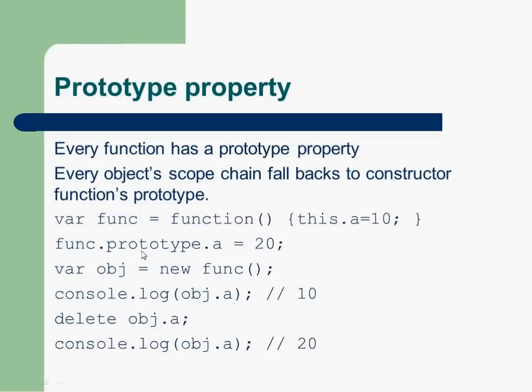Let's go back to the presentation. When you add function.prototype.a, it is now added to that object. Now when you create an object using this function, console.log of object.a is already available.